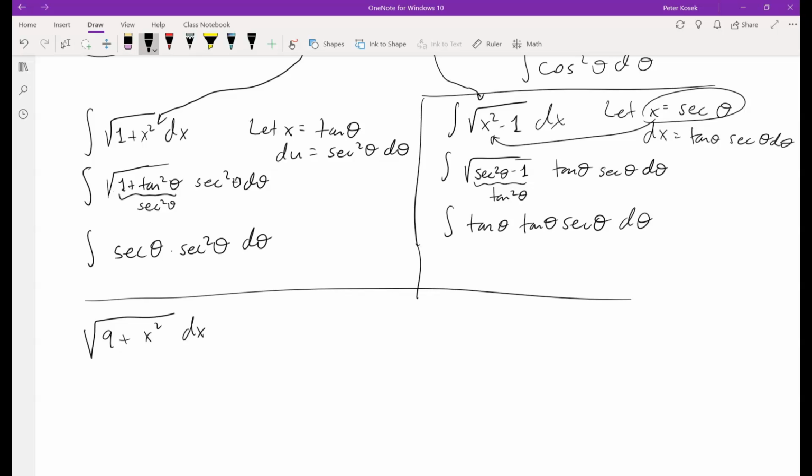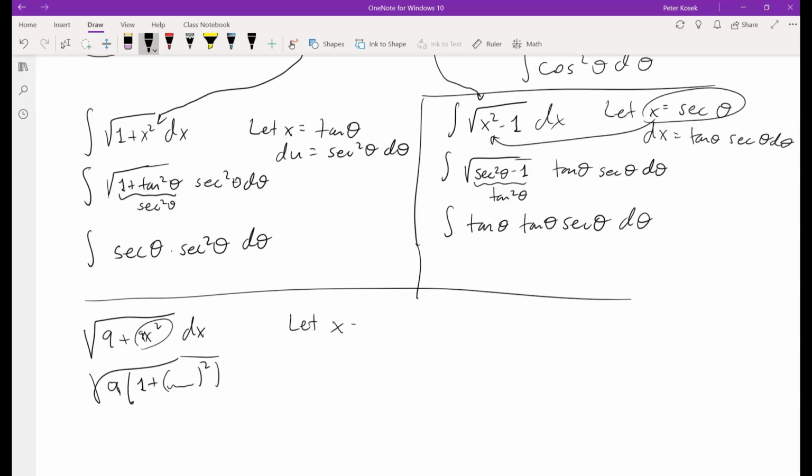We want to be able to factor out a 9, and we're going to be left with a 1 plus something squared, which ideally will be our secant. So what this means is we have to figure out how to factor a 9 out of both of these. Well, this needs to introduce some type of 9 here in some way.